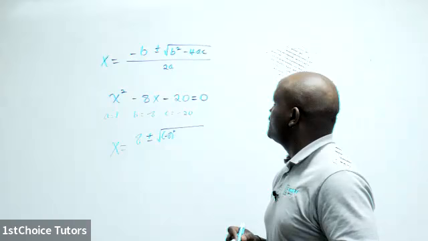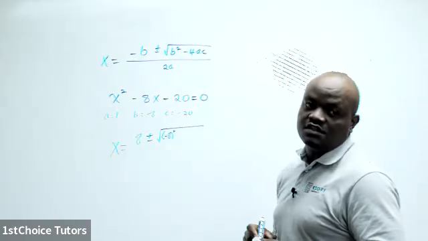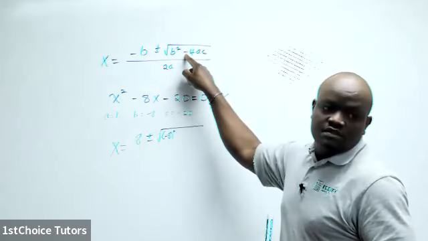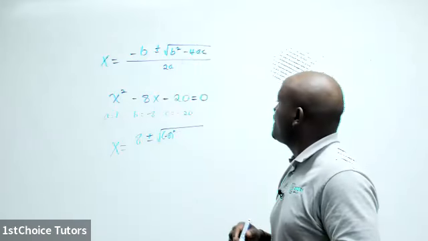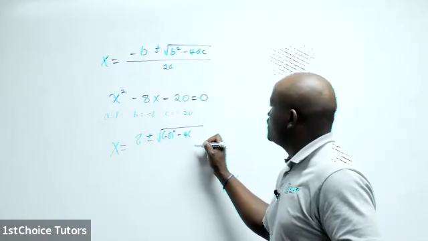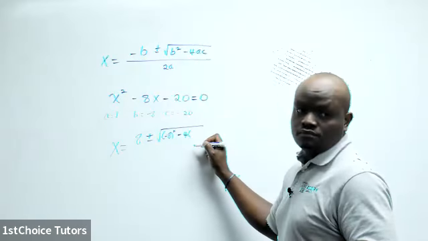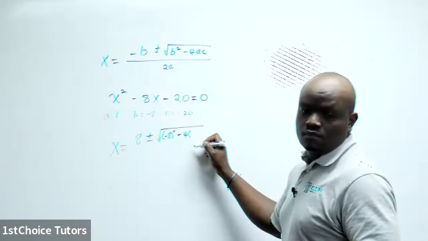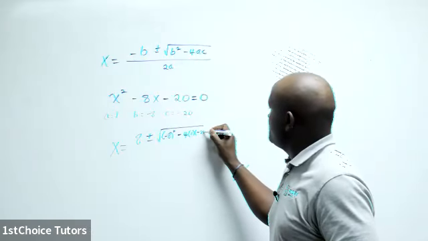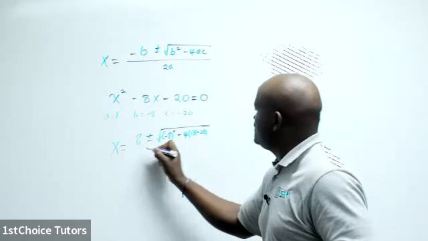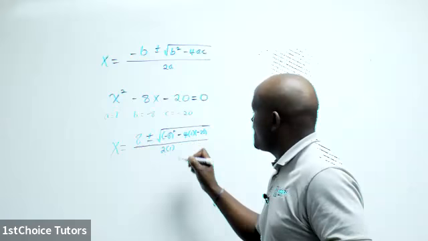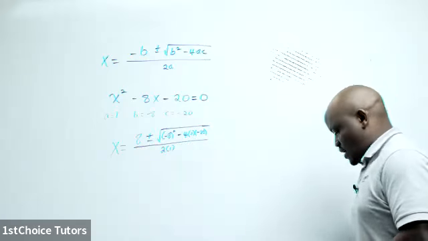Plus 4. Wait, it doesn't say +4. Look at the equation. It has a minus. Negative 4 times 1 times negative 20. All of this divided by 2 times what? 2 times 1. That's right.